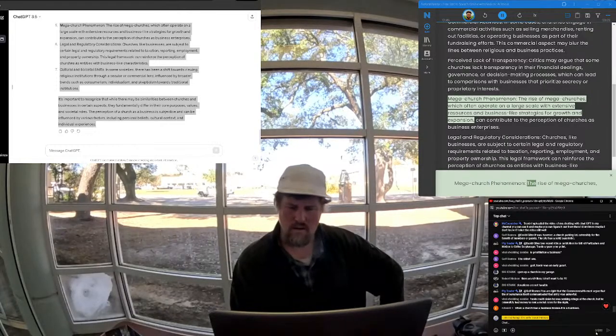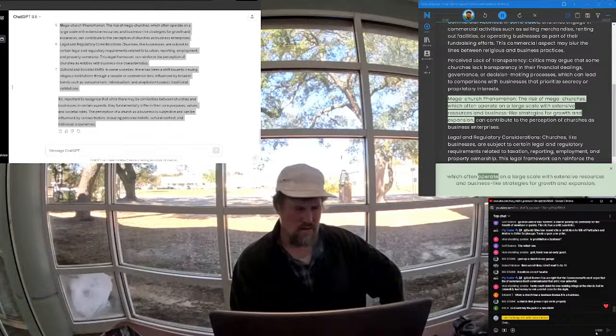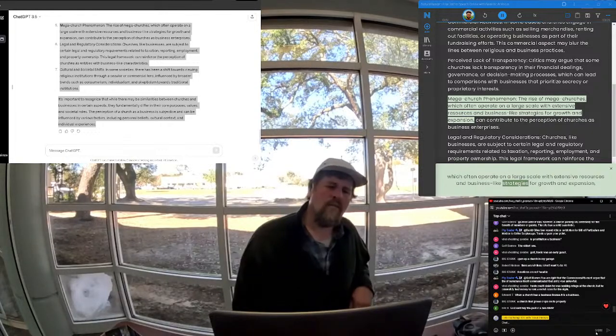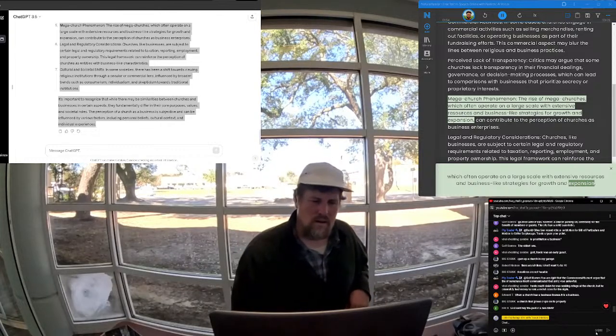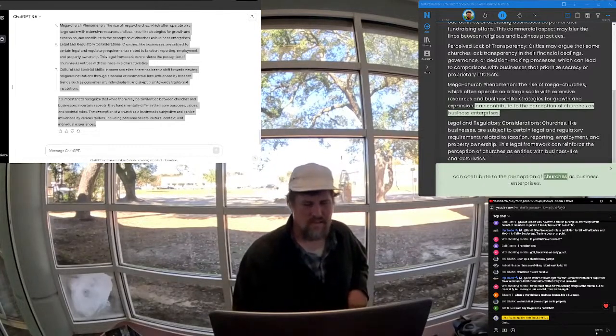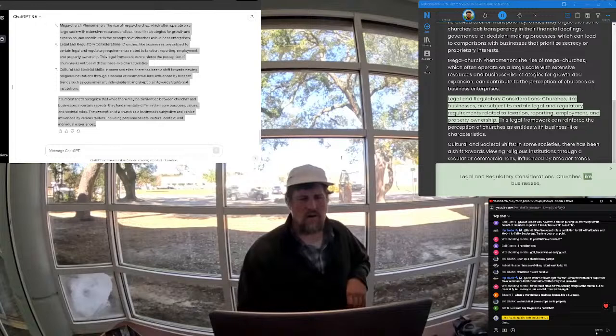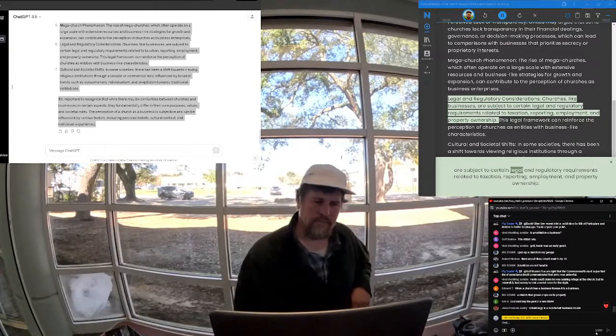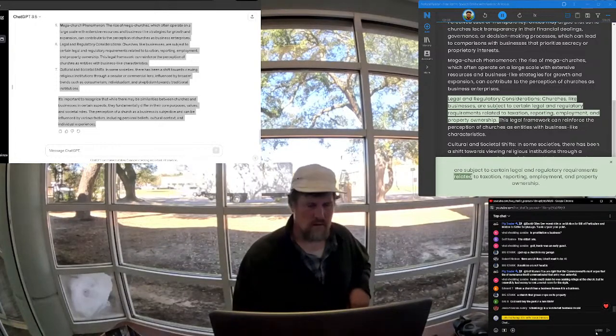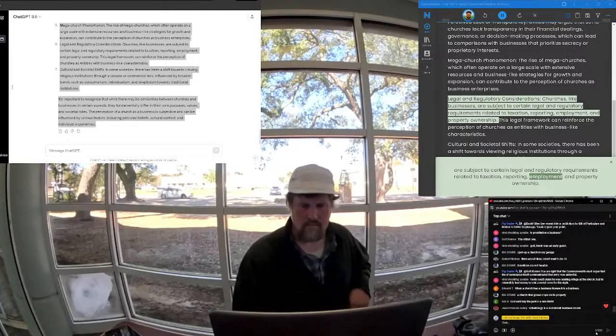Megachurch phenomenon. The rise of megachurches, which often operate on a large scale with extensive resources and business-like strategies for growth and expansion, can contribute to the perception of churches as business enterprises. Legal and regulatory considerations. Churches, like businesses, are subject to certain legal and regulatory requirements related to taxation, reporting, employment, and property ownership.